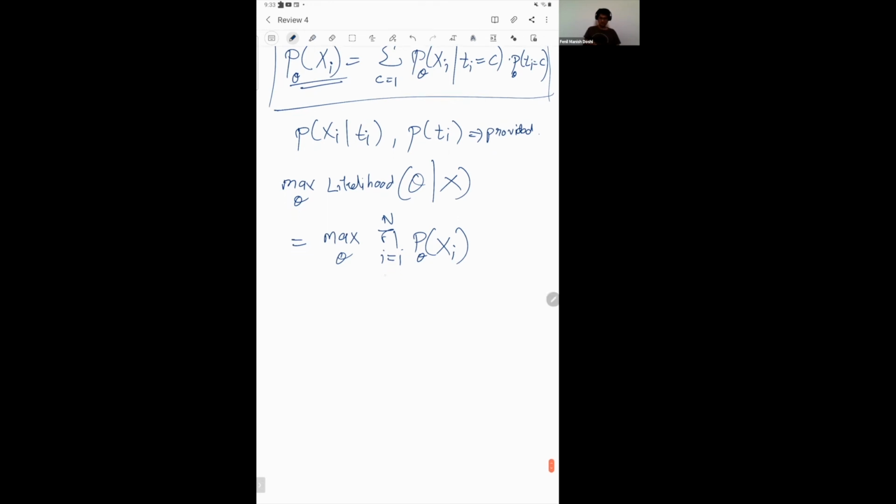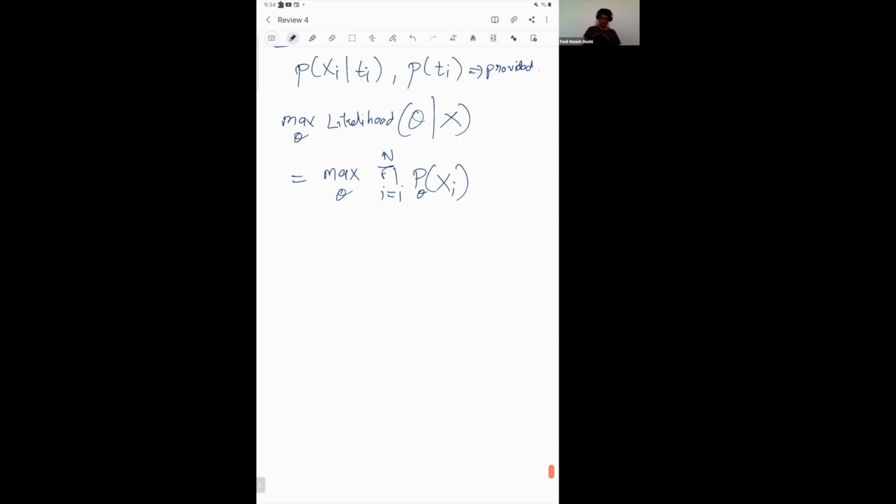As we know from the definition of likelihood, we go to each data point and ask what the probability is that it came from the distribution with those parameters.